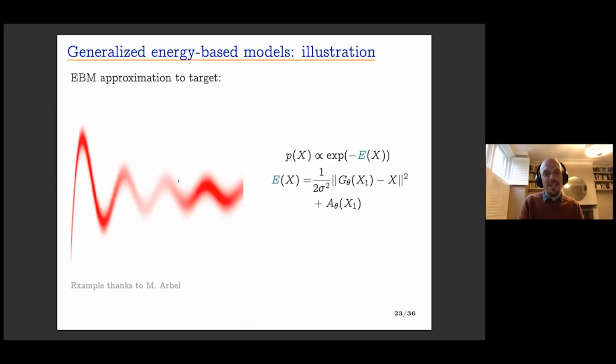But these energy-based models will always give me a blurry density around that target by construction, by the definition of an energy-based model. So if I'm using an energy-based model to generate bedrooms, I'm going to get blurry bedrooms. If I use it to generate dogs, I get blurry dogs, blurry faces, etc. The human visual cortex is very unforgiving of blurry images. So obviously, a state-of-the-art GAN is not going to be a GAN that generates blurry faces.